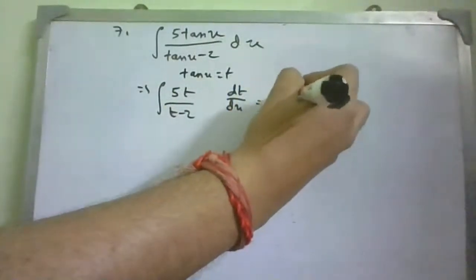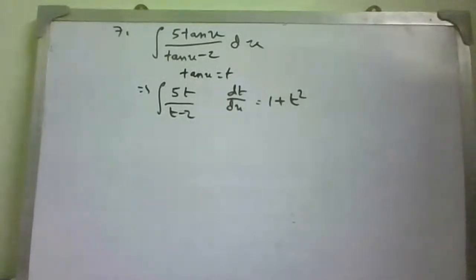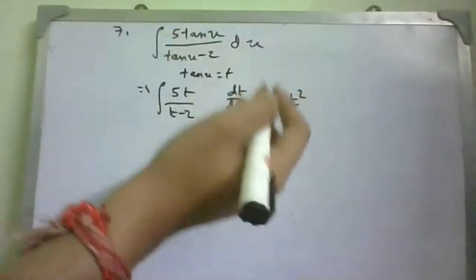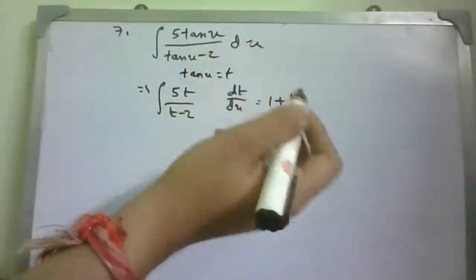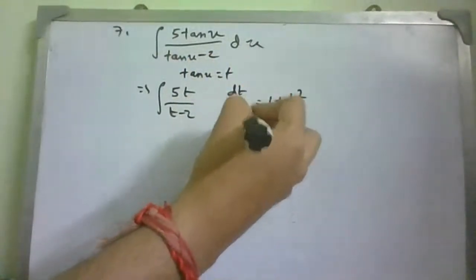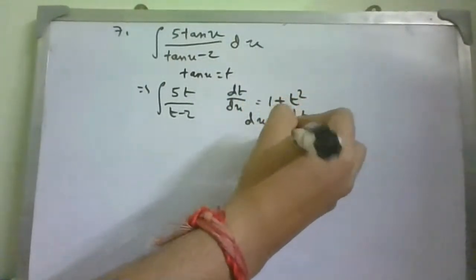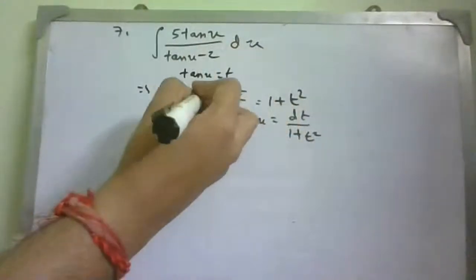Very sorry. Because differentiation of tan x is basically sec square x, and 1 plus tan square x is sec square x. So we know that dx is basically dt over 1 plus t squared.